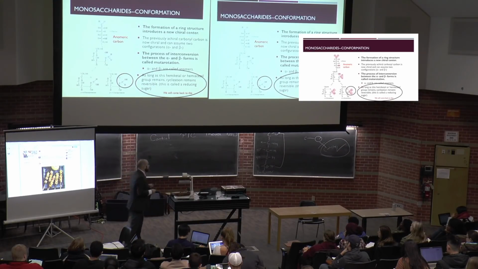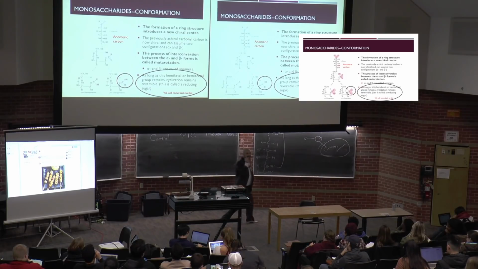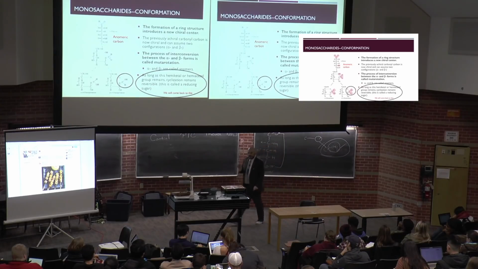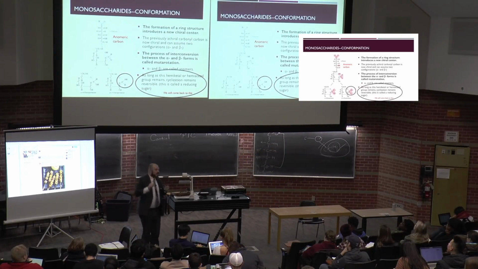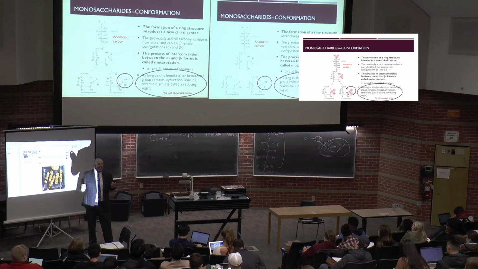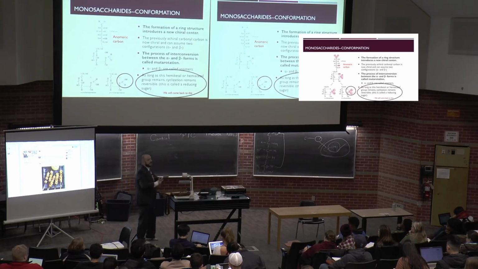So this hydroxyl group is essential in forming a disaccharide. That anomeric carbon, which undergoes cyclization, is essential when we talk about the formation of disaccharides and then consequently polysaccharides.